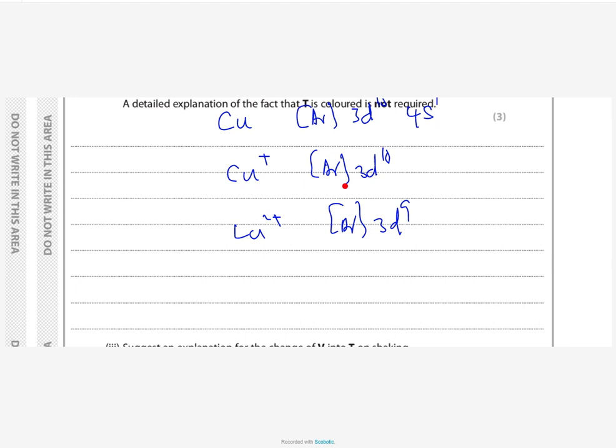Therefore, the d-d transition can take place. Clear?